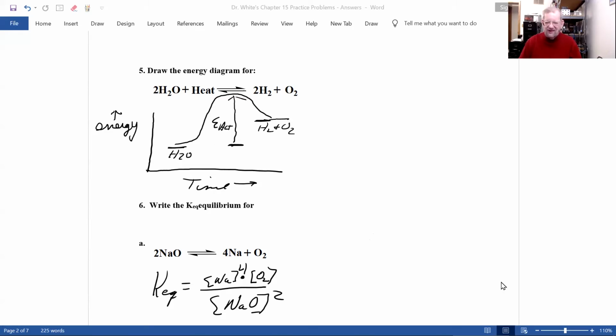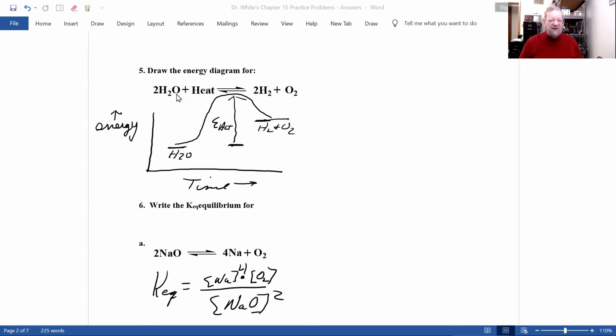And the answer is it's an endothermic reaction. Thank you, Anne. And how do you know that? Because you have to add heat. When heat is on the left side, it's endothermic; you have to add it. When heat is on the right side, it's exothermic; it's given off.